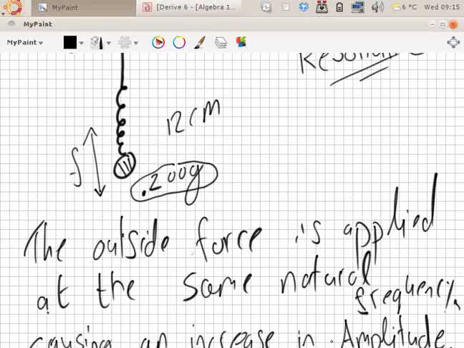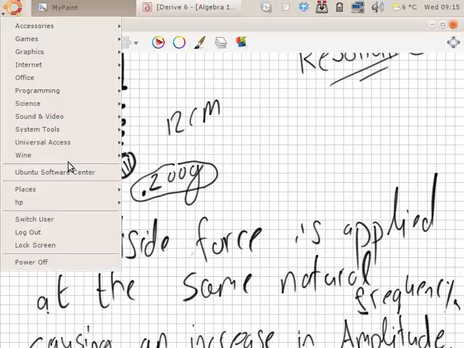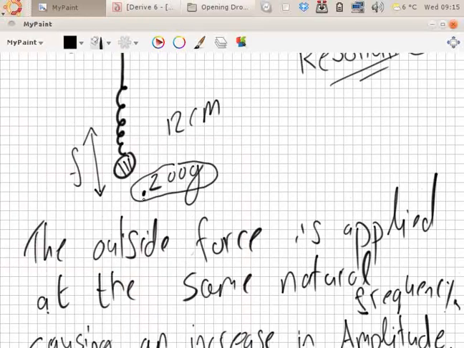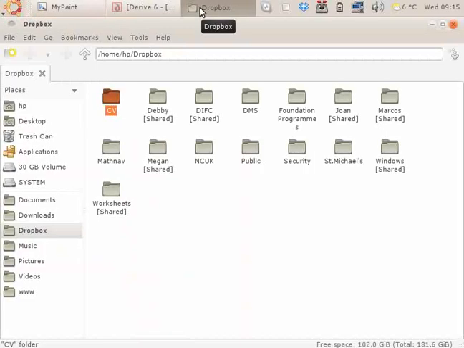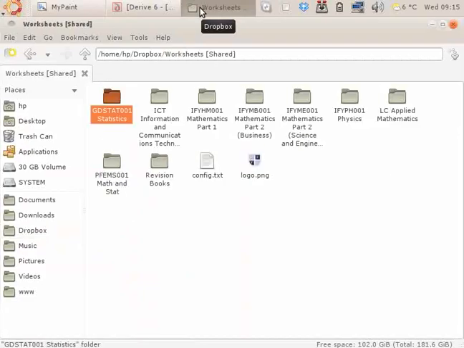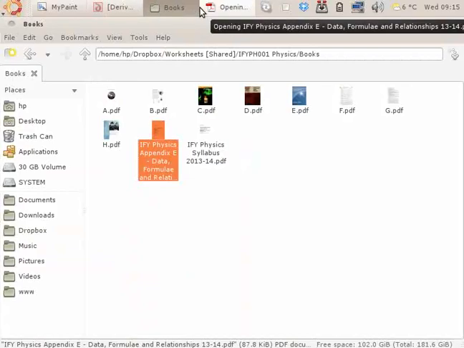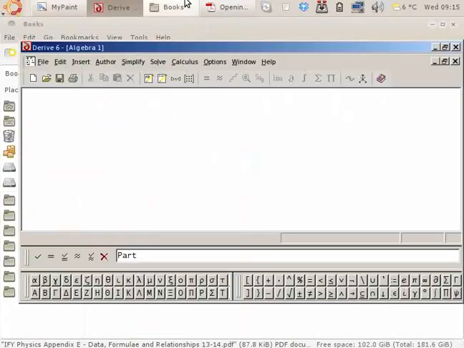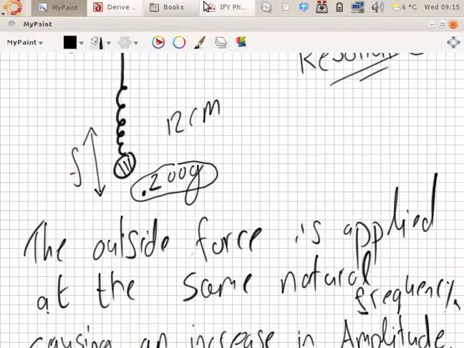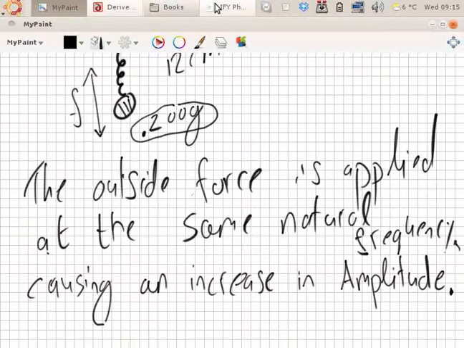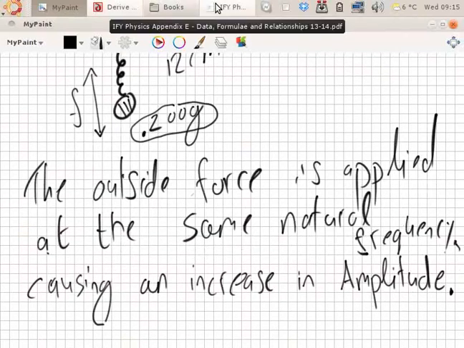Now, let me open up the formula book actually before going on. Next example.